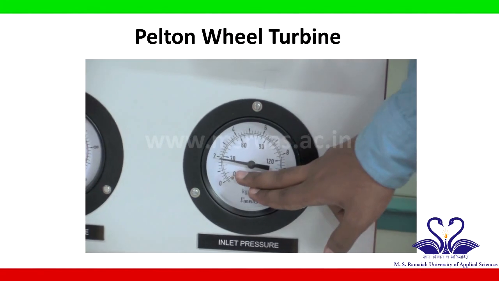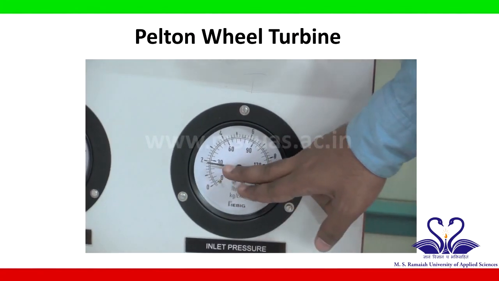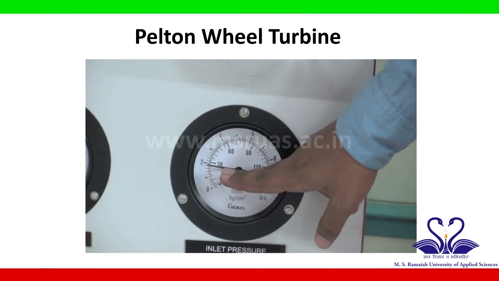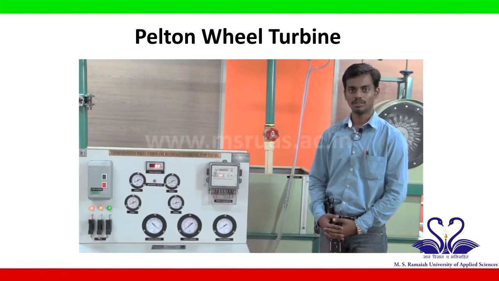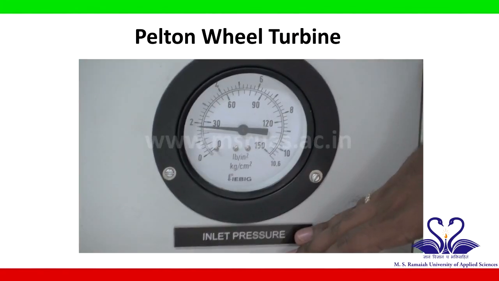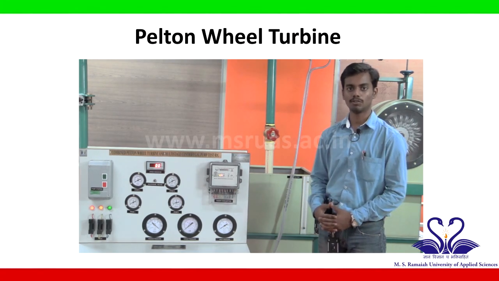Now we can observe that for trial number 2, the inlet pressure is about 1.8 kg per centimeter square. Now the values of inlet pressure, throat pressure and the speed of the Pelton wheel have to be noted down for each and every trial.